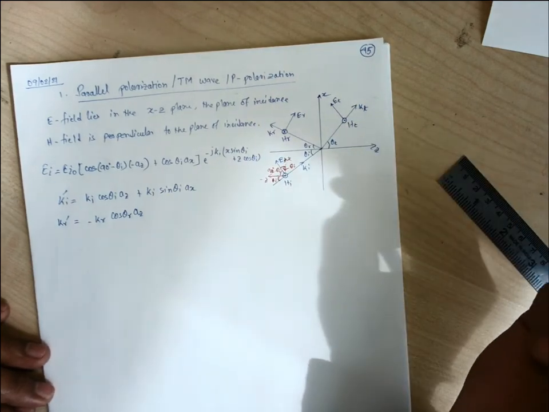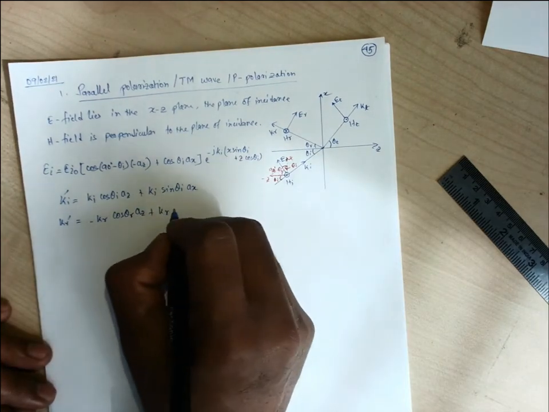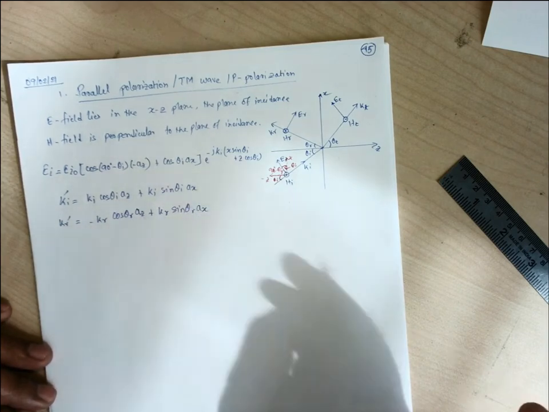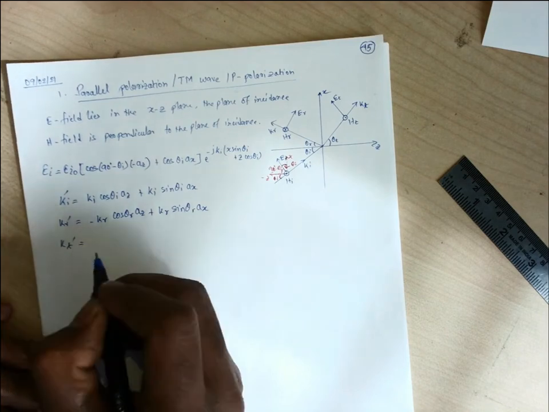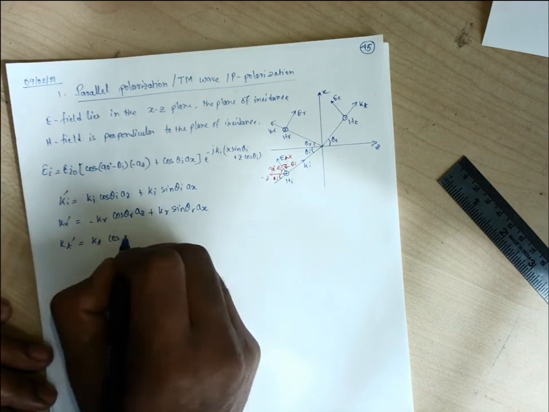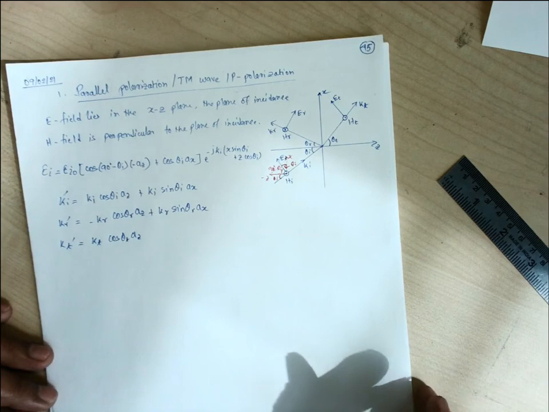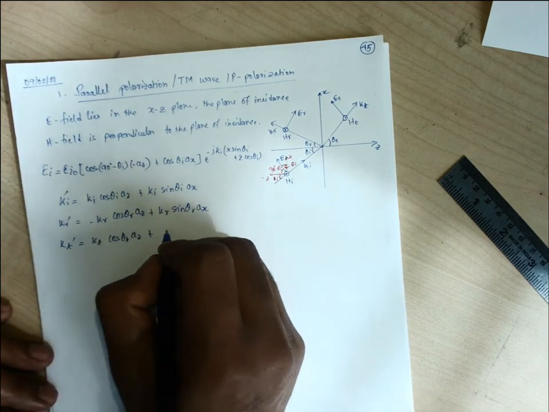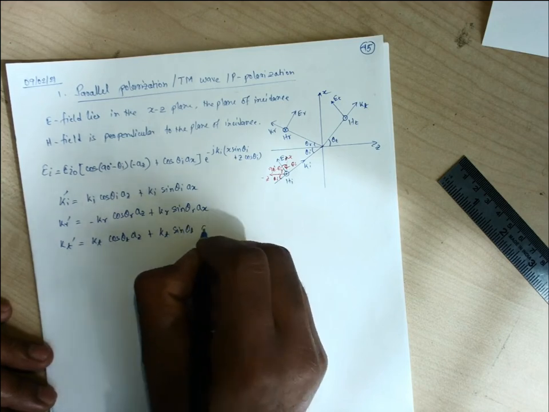So in this way we have been finding kr sin theta r ax, then kt prime, let us consider it is kt cos theta t, which is along plus z, then kt sin theta t along ax.